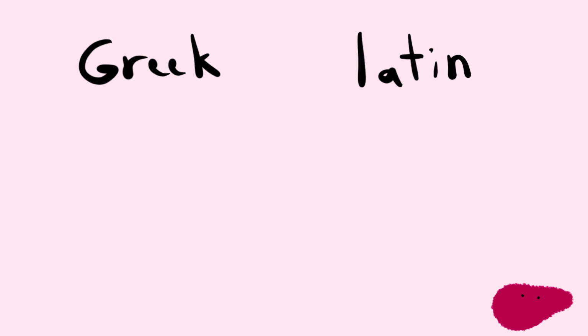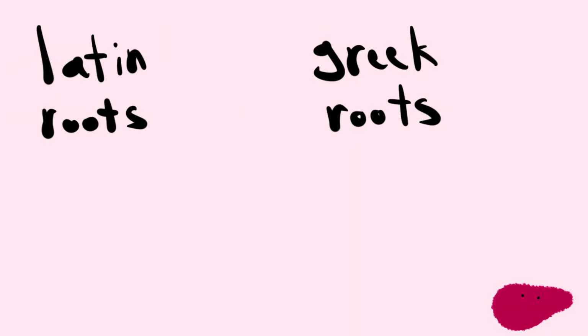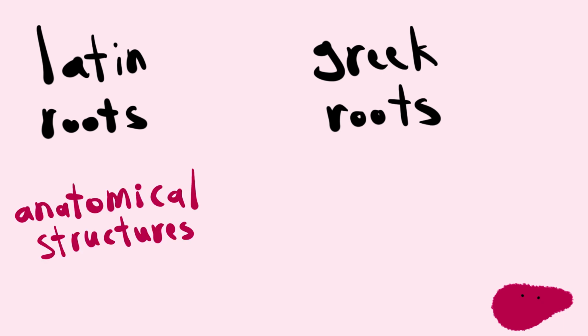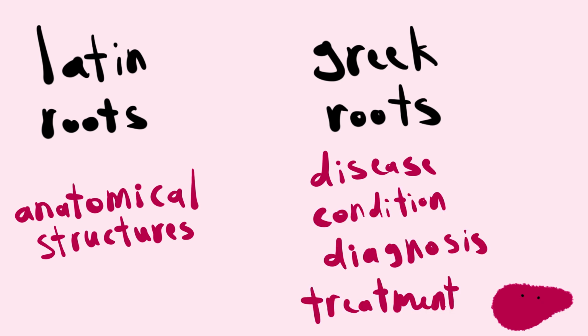Sometimes two roots, one from Greek and one from Latin, refer to the same structure. The Greek root nephr and the Latin root ren both are used to refer to the kidneys. As a general rule, Latin roots are used to name anatomical structures and Greek roots are used to name diseases, conditions, diagnosis, and treatment.